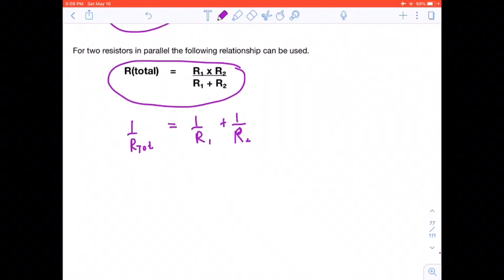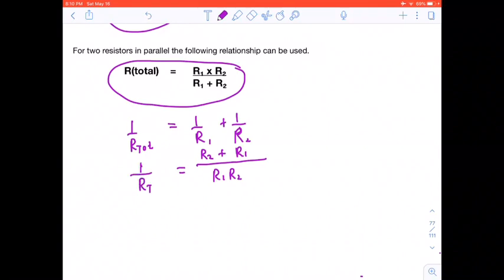If we do this, then we say if my LCM is R1 R2, then R1 goes into R1 R2, I'm left with R2, plus R2 goes into there, we have R1, right? Which means 1 upon R total.